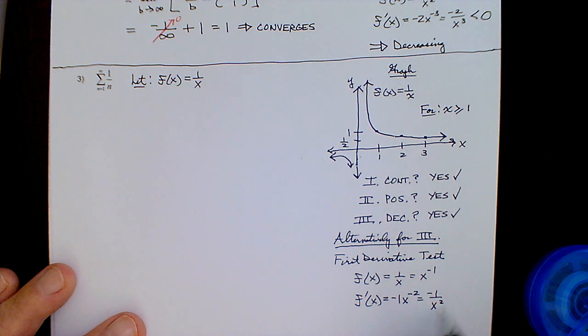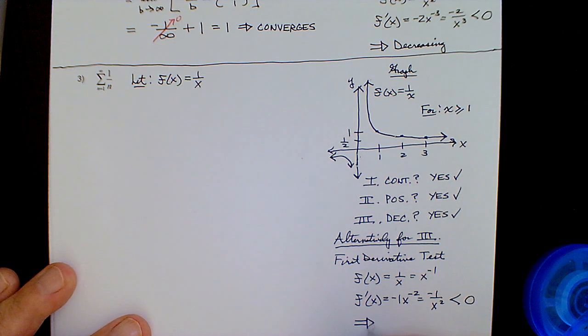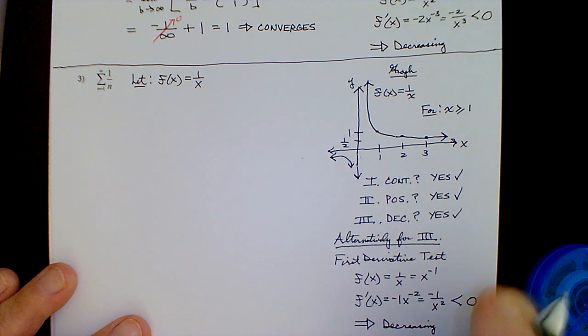No matter what x is, positive or negative, but x is greater than 1 is what we're talking about, x squared is always positive, negative divided by positive is negative, and if the first derivative is negative, then we've proven that it's decreasing.